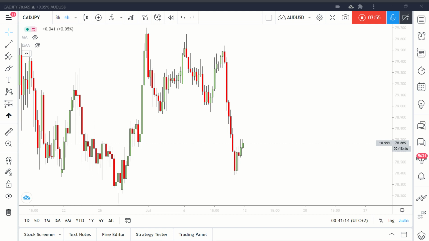Now, considering what we've seen in oil last week, you guys might question what oil has to do with CAD-JPY. As I said previously, the Canadian dollar is a commodity currency, so its strength is largely dependent on one or two commodities. In the case of the Canadian dollar, it's largely dependent on oil prices, strictly because Canada is a large exporter of oil.